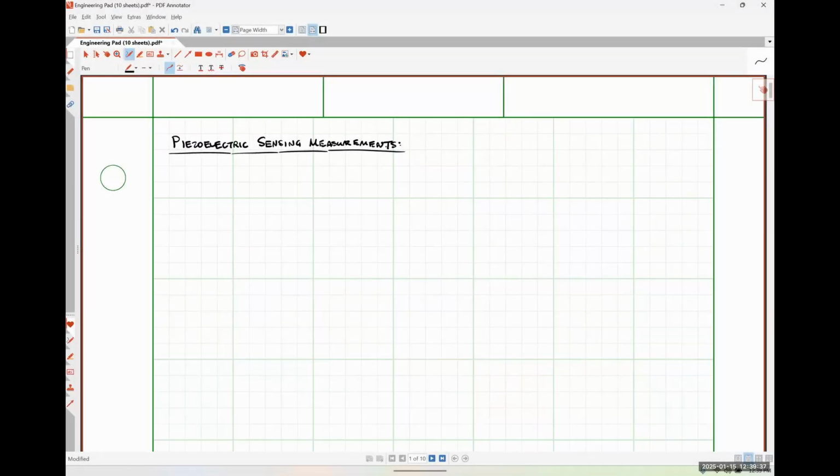In yesterday's lecture, we learned that a piezoelectric sensor generates a current that is proportional to the rate of change of the applied strain.